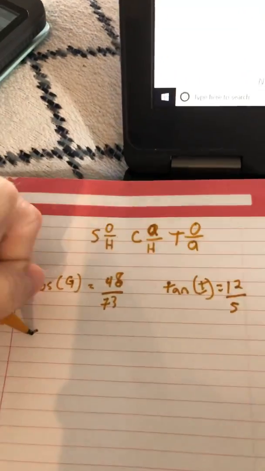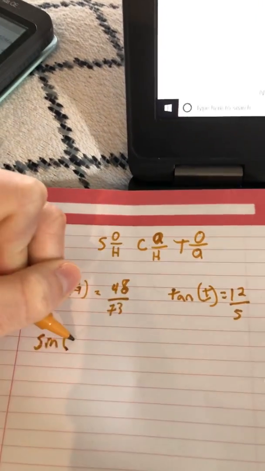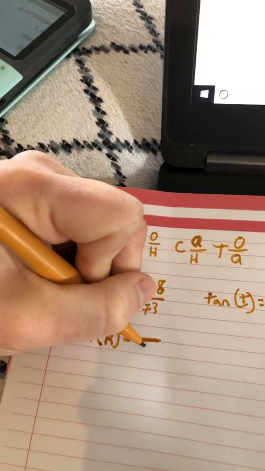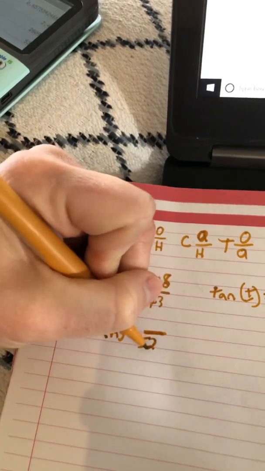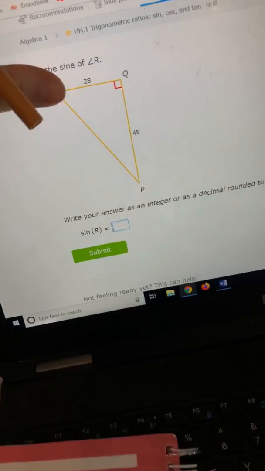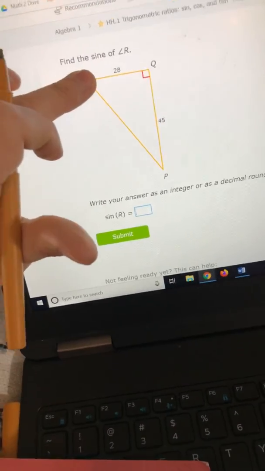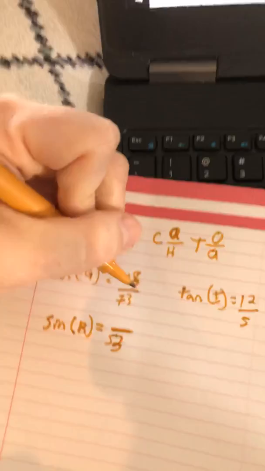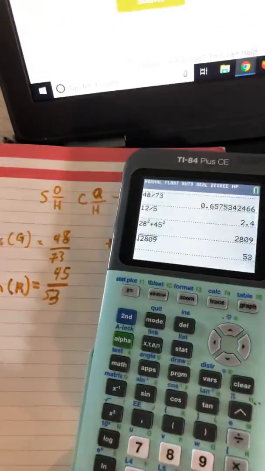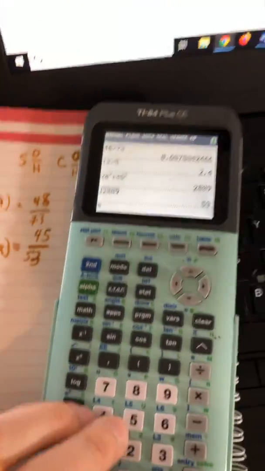So let's go and write sine of R equals my little fraction. I'll write the 53 at the bottom. Okay, and now we just need the opposite. So opposite of my angle R is the side not touching it, so it's the 45. Okay, I'm sorry about my bad handwriting, trying to hold the camera and do this at the same time.